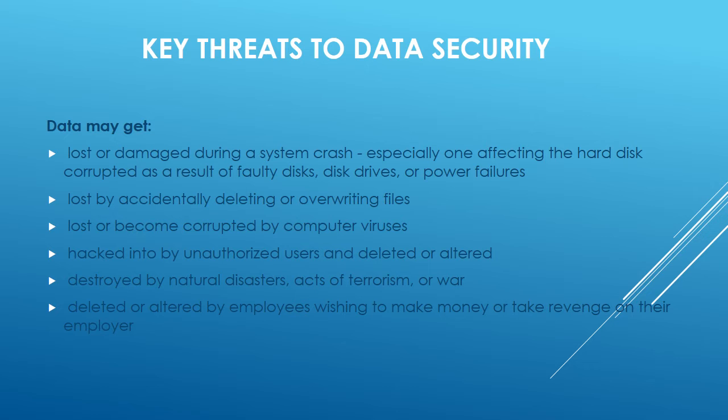It can be hacked by an unauthorized user and deleted or altered. Data can be destroyed by natural disasters, by acts of terrorism or war, and data can be deleted or altered by employees wishing to make money or take revenge on their employer.